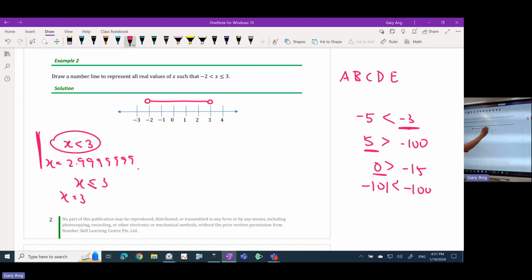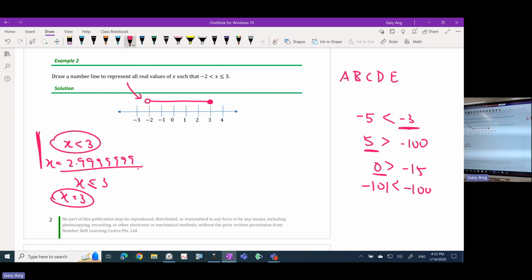Understand? So, a black dot. In my case, a little red dot. You get the idea? On this other part, it says that x must be greater than -2. Without a black dot it means it cannot reach that number.